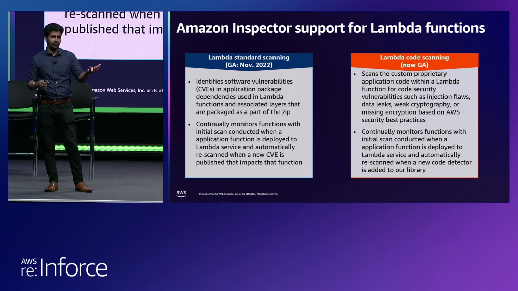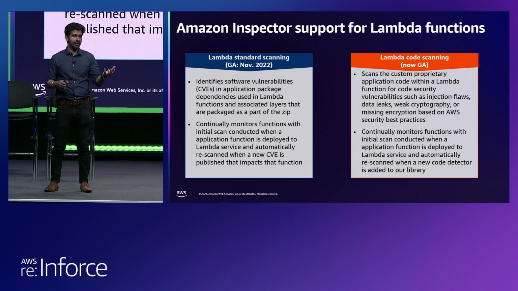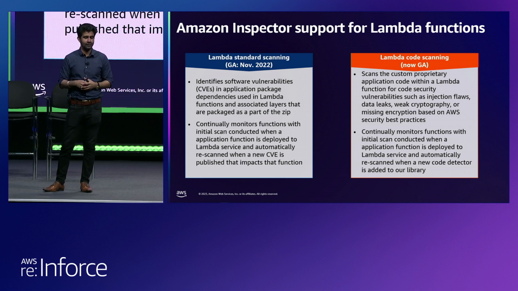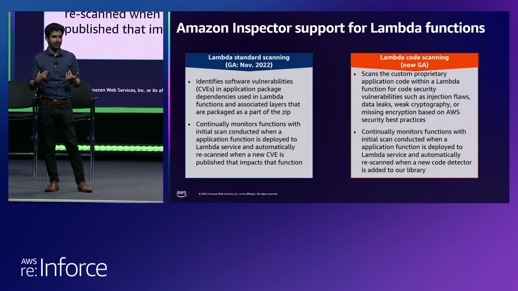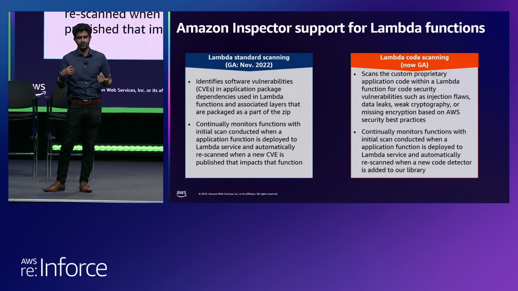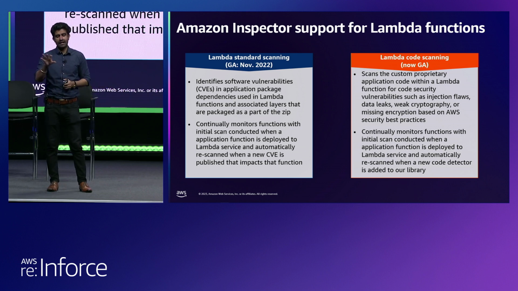But we identify software vulnerabilities in those package dependencies that you include as a part of your zip. And we also cover layers. So if you have functions that are using layers, we will also scan those layers. Now with Lambda code scanning, we are going a step further.